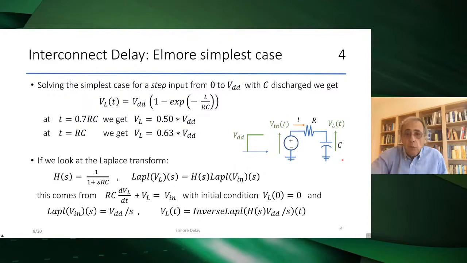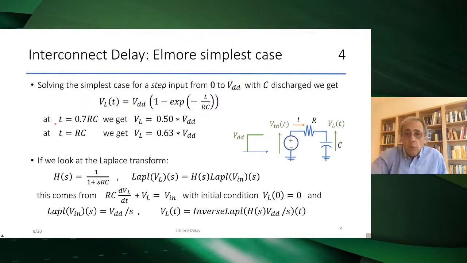And you can see there are many ways, of course, of solving this. We're putting a constant step function, okay? VDD is the height. The solution is the voltage VDD times 1 minus this exponential of minus t over RC. And we'll see the many ways to get this.